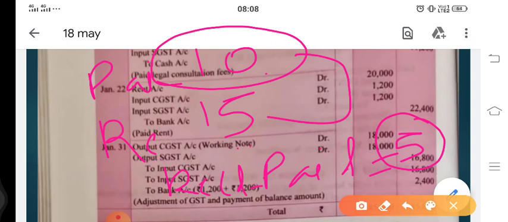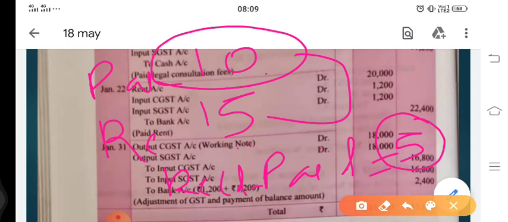IGST has to be neutralized first. This case we will be discussing when we get a question on this. Simply do remember that IGST has to be neutralized with IGST first, later on with CGST and SGST.